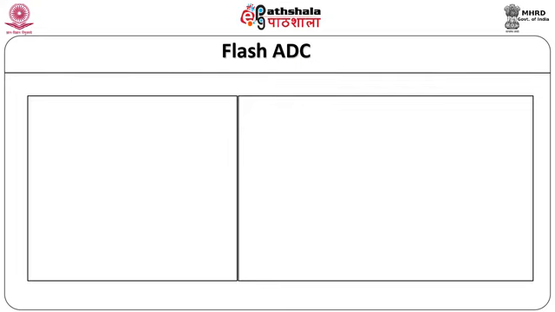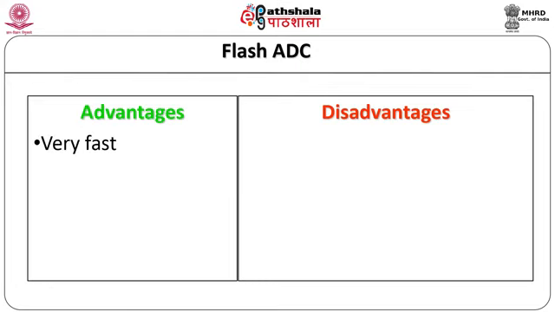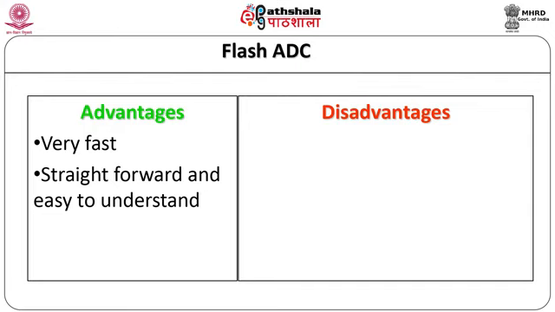Flash ADC has certain advantages and certain drawbacks. The first and very important advantage is that it is very fast. The second important advantage is that the method is straightforward and very easy to understand. There are a few drawbacks or disadvantages of flash ADC.